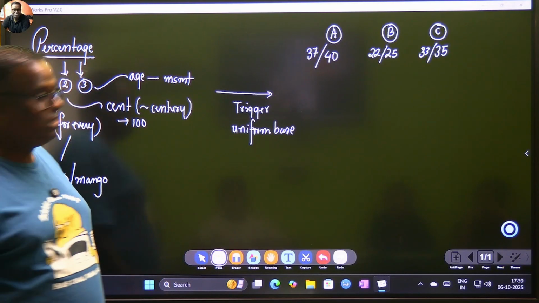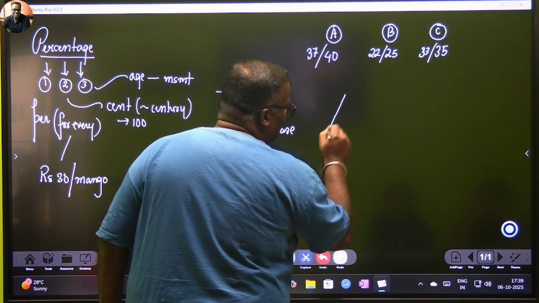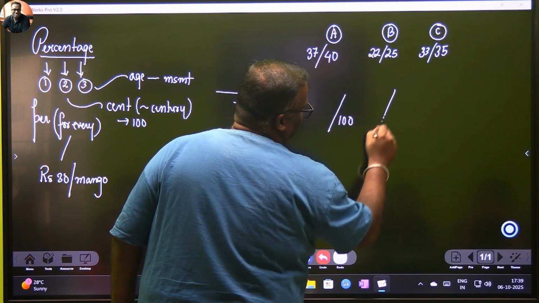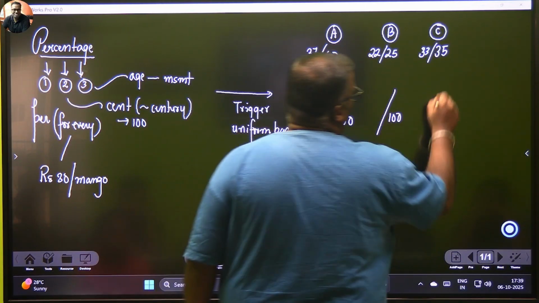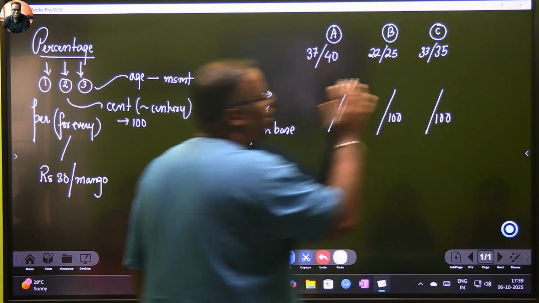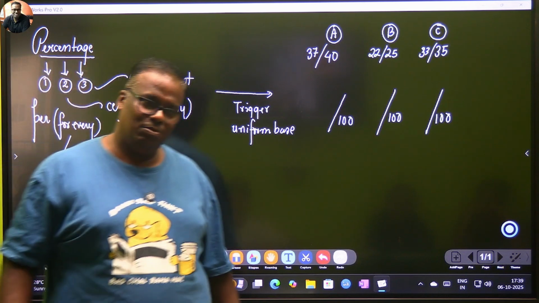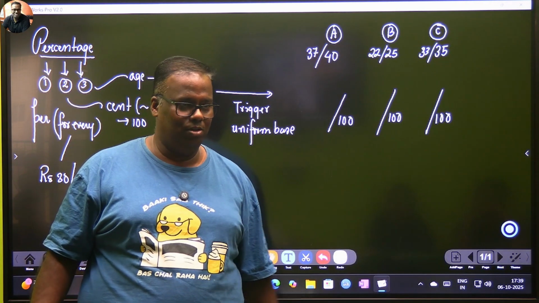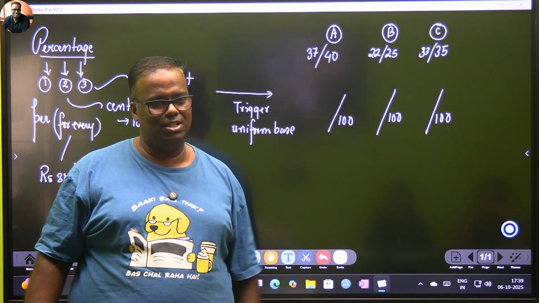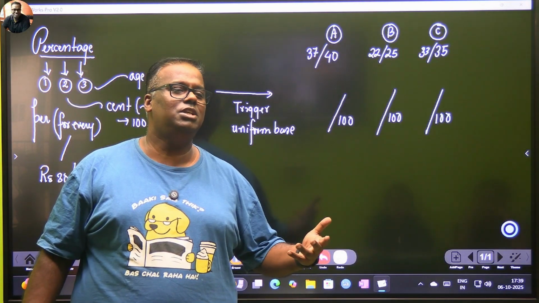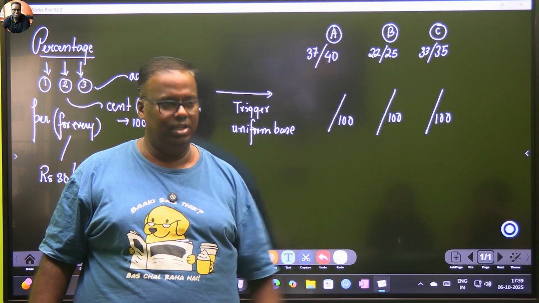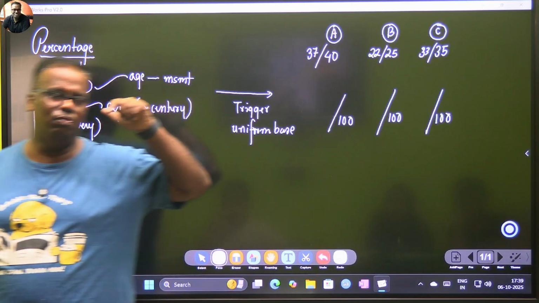So what is the uniform base? Per 100. If I can get their marks per 100, I'll be able to say who scored what. No issues at all. So do you understand the necessity of percentage? Percentage means everything on the basis of 100, and it's a very standard way of calculating.